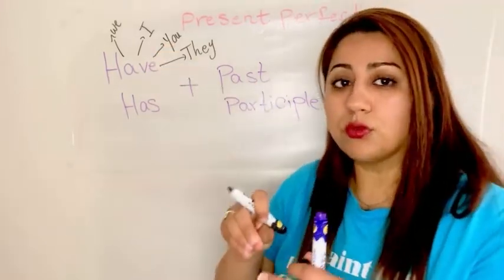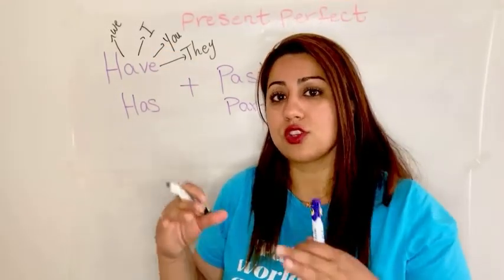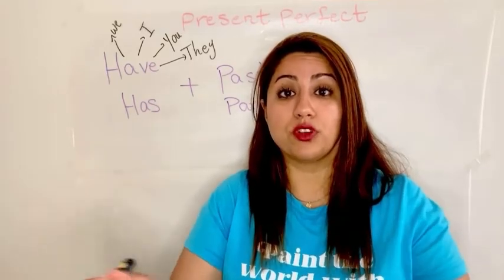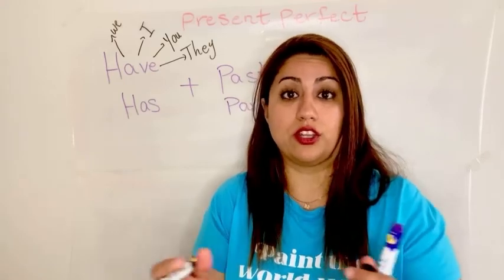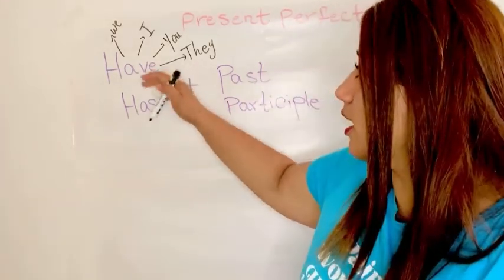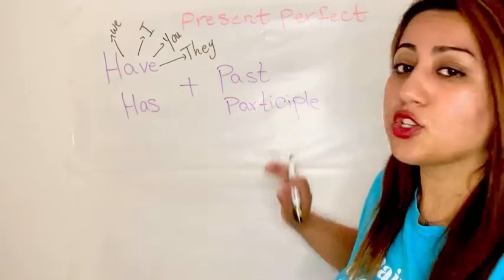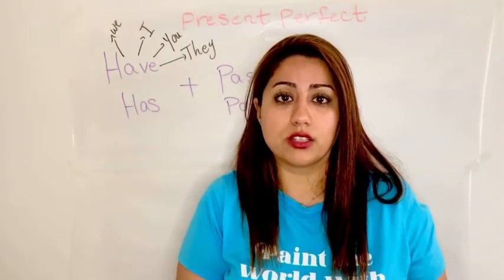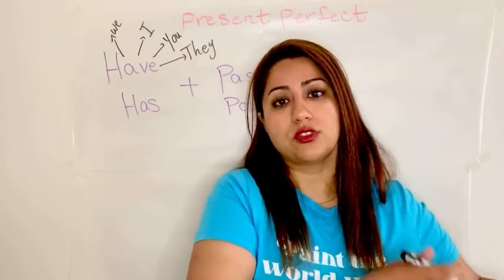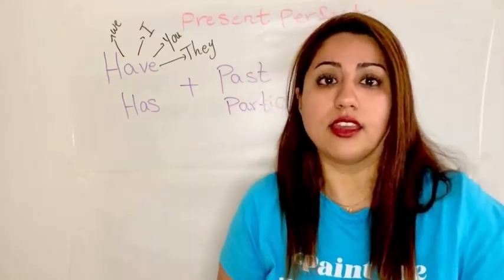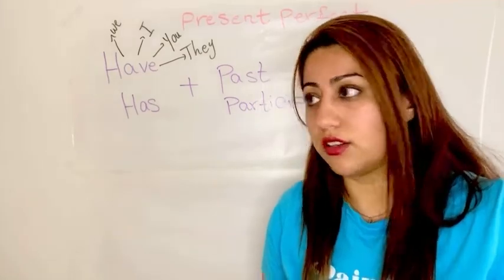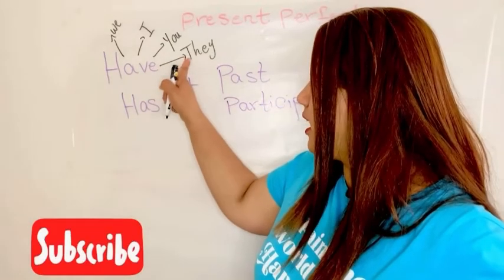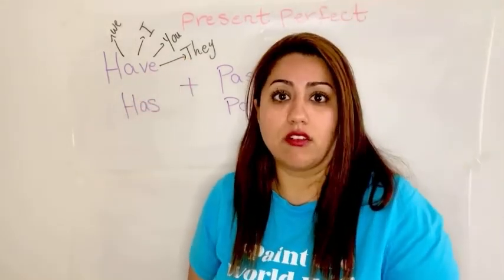You can be a single person or plural, such as one person you are talking to, or many people in front of you that you are talking to. They and we use have and then the past participle. For example, I have worked here, and you can continue the sentence like since 1990. I have worked here. You have eaten. They have driven the car.